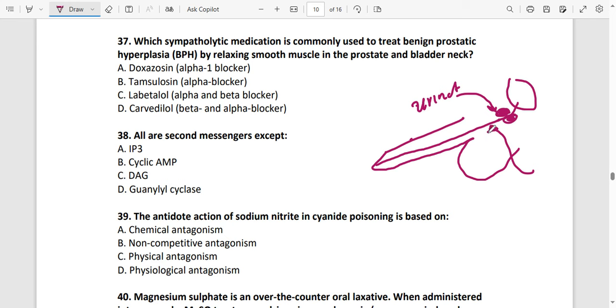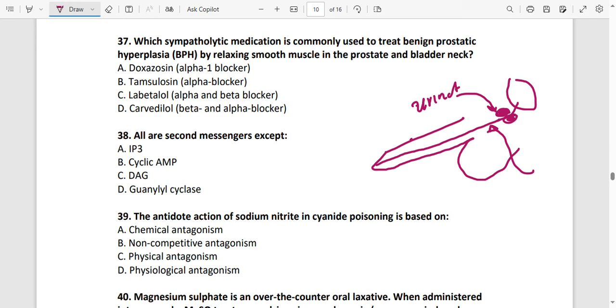So you want to give a parasympathetic drug or a drug that is inhibiting the sympathetic, that is a sympatholytic, the blockers, the alpha blockers and the beta blockers. So which one can you give here? You want to find a drug that has got specific receptors on your urethra.